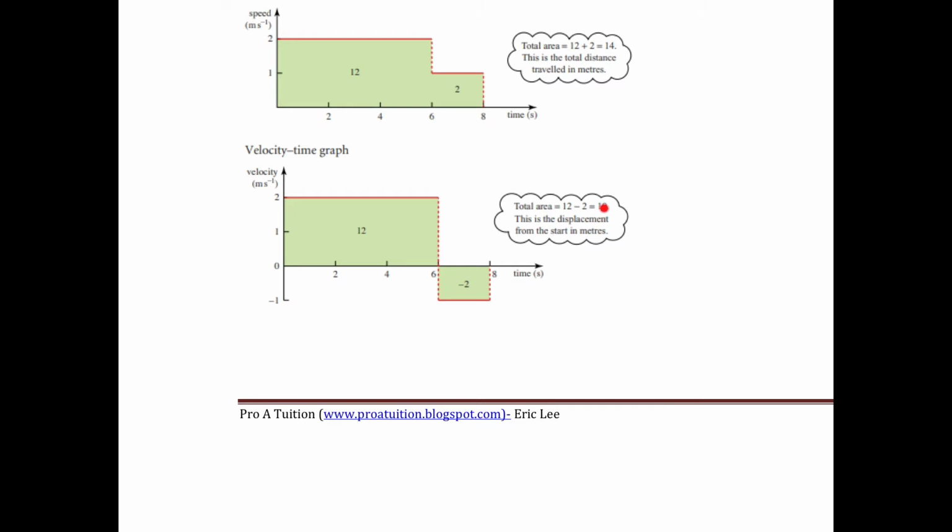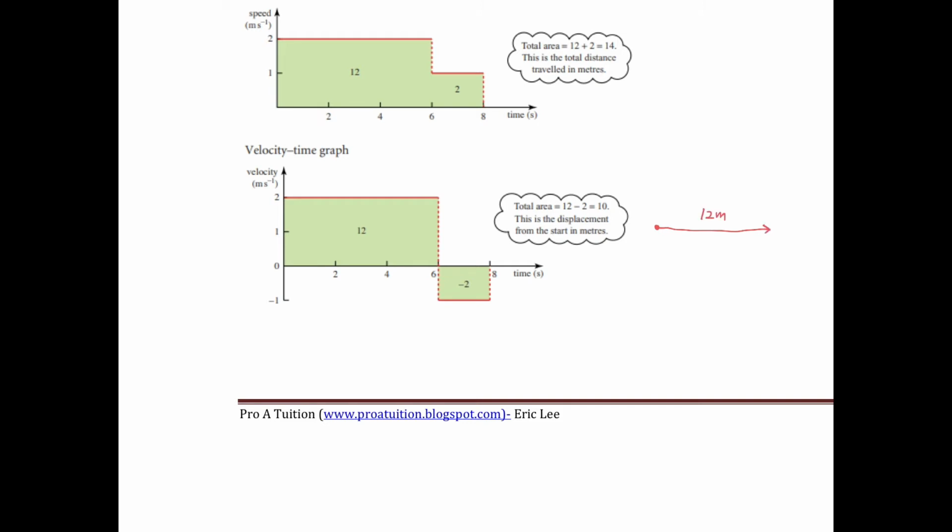Of 10. So the movement will be something like this. Let's say, imagine, I draw out how it moves. So it will be like this. The particle moves to the right for 12 meter.